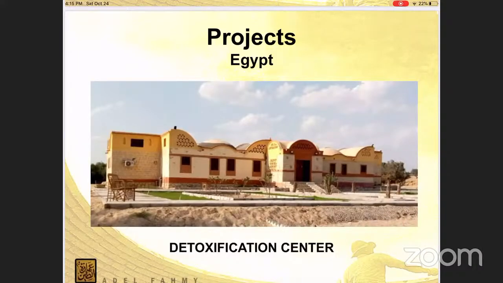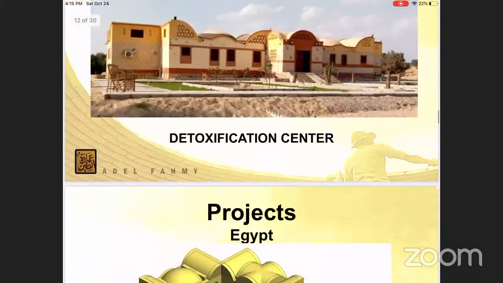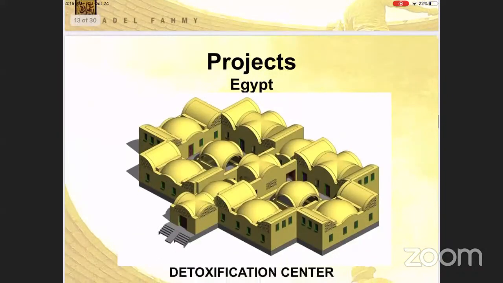So we used clay, we used dome and vault, we used natural stone to build this center, and we really succeeded to have such an architecture. Maybe here you can see it. I do believe that architecture can also be a big help in the treatment of such problems.